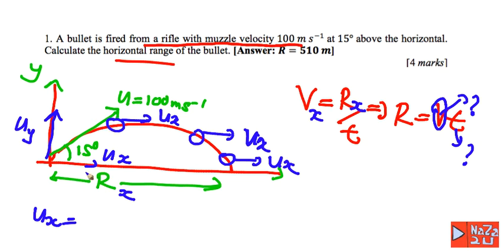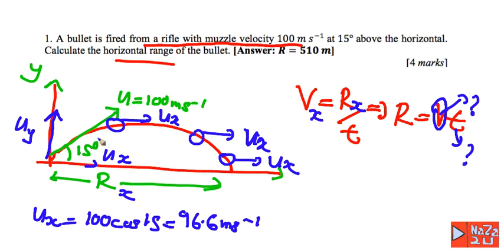So resolving to the x axis, this is the adjacent and the hypotenuse, meaning you have 100 cos 15. Using the calculator, 100 cos 15 is 96.6 meters per second.